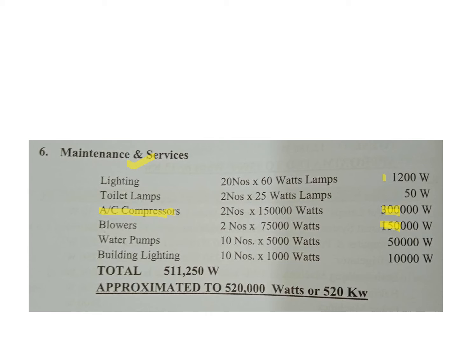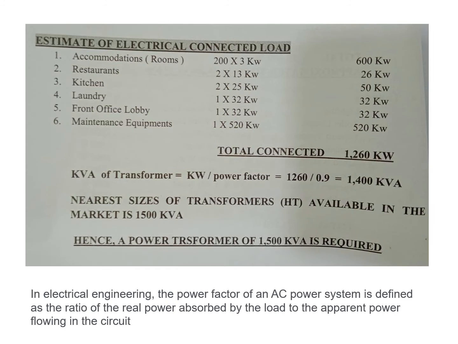It's supposed to be well lit, so you have 1200 watts over there, and then your toilet lamps a little bit over there. Water pumps take a good amount, so you have 50 kilowatts set aside for water pumps, and building general lighting is about 10 kilowatts. So all in all, you have about 520 kilowatts requirement from the maintenance and service perspective.